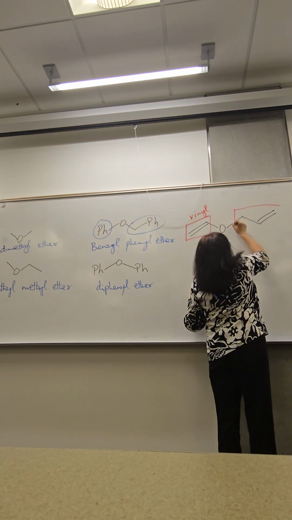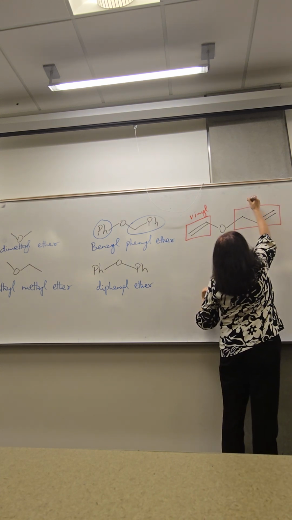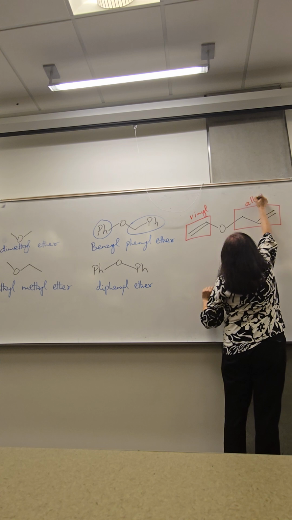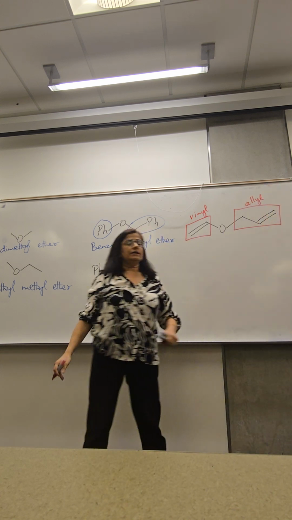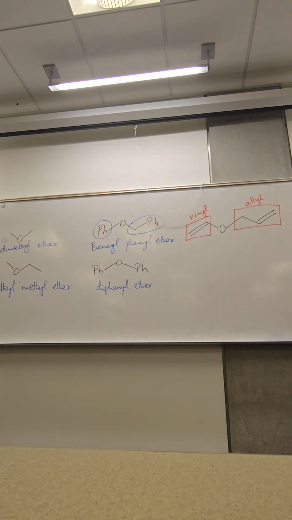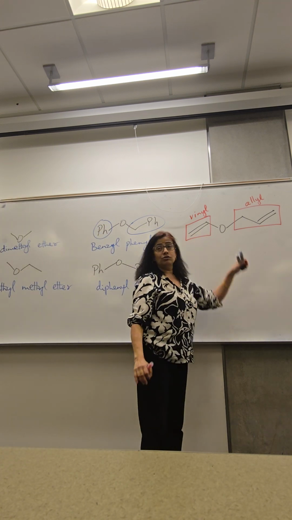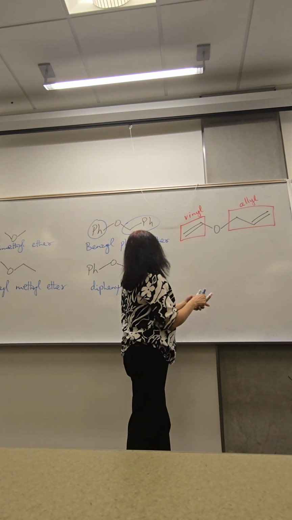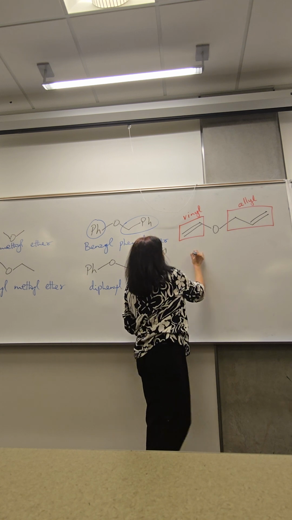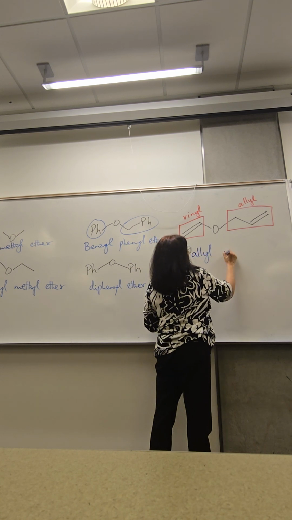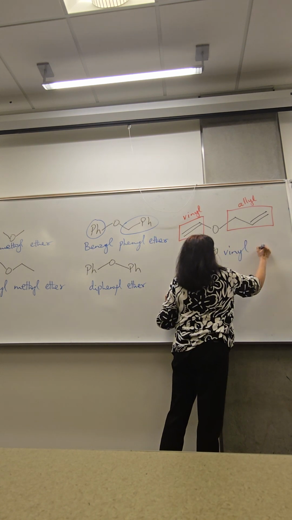And this one, any guesses? Exactly. That's the allylic position, so that's the allyl group. That's the vinylic position, so that's called the vinyl group. So when you're naming it, how would you name it then? Allyl vinyl ether.